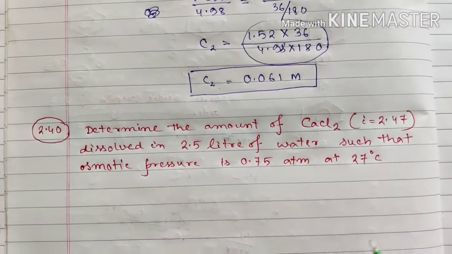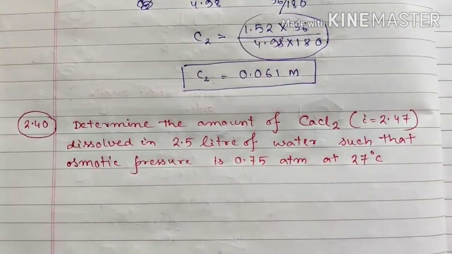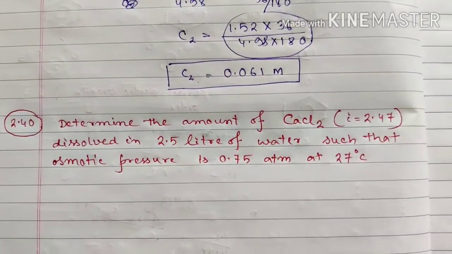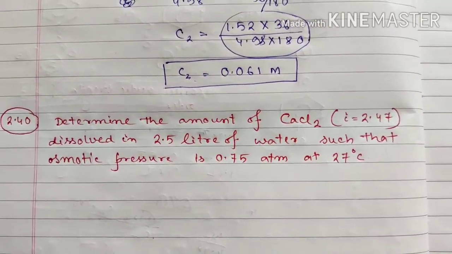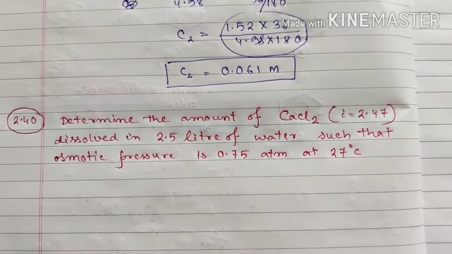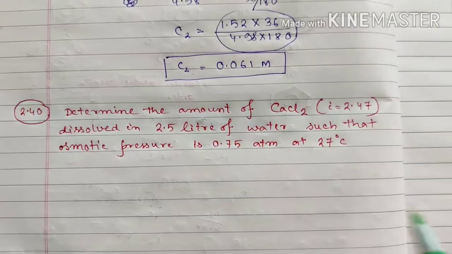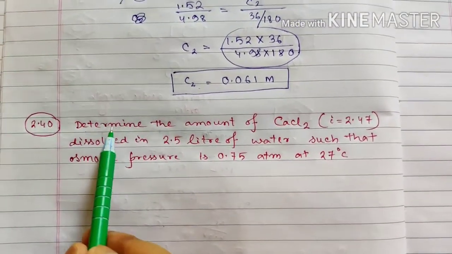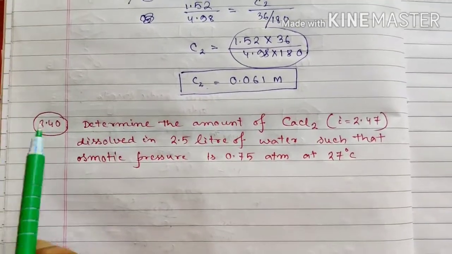Second question for today. Obviously it is also related to osmotic pressure, and I have taken it from NCERT itself. Let us solve the NCERT problems first, then we will obviously see some other problems from other books. The question goes like this. It's question number 2.40, by the way.